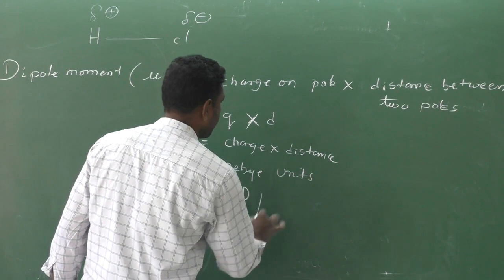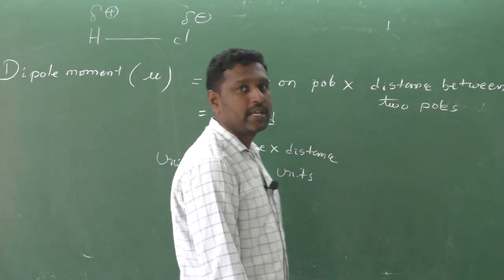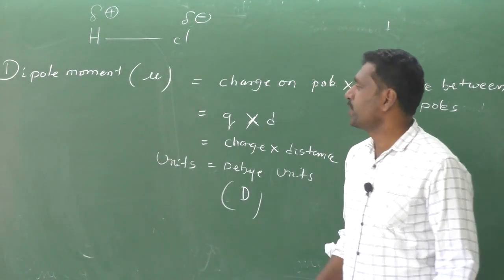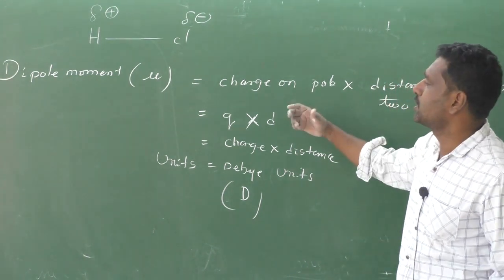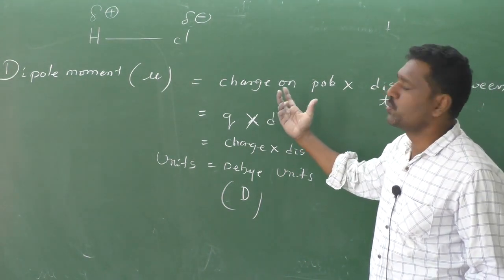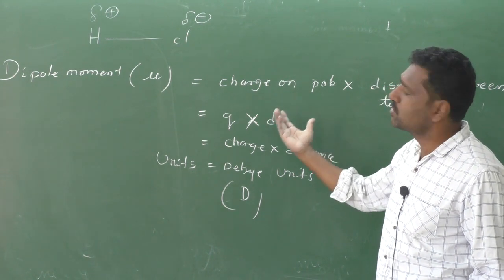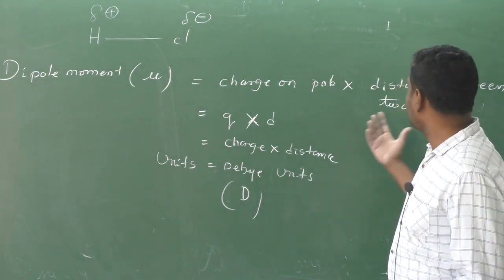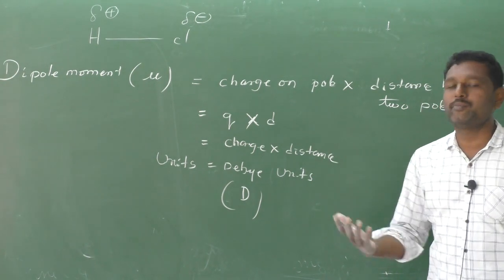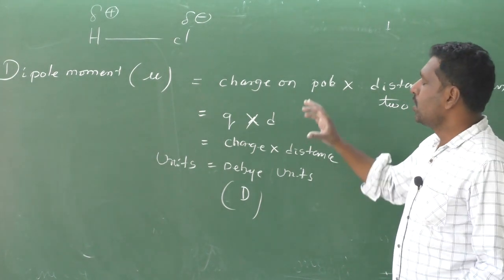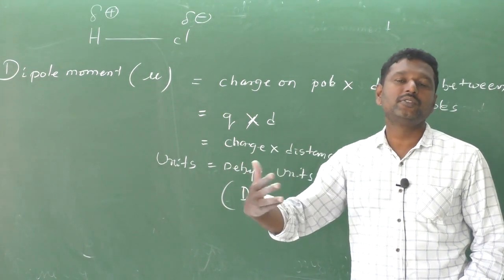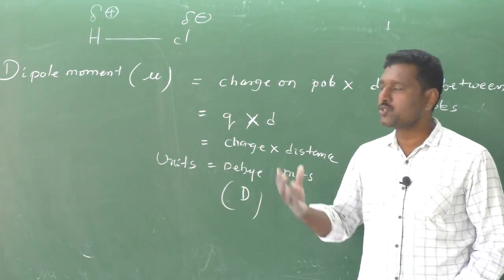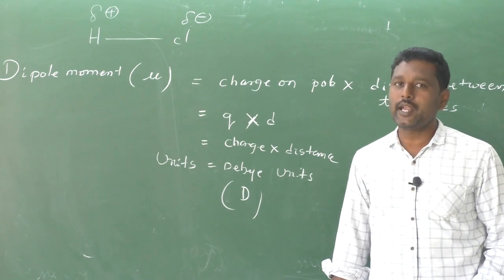Dipole is denoted by D, capital D. Charge means coulomb or ESU, electrostatic units, and distance means centimeters or meters. Therefore, the units are charge units times distance units. That is the unit of dipole.